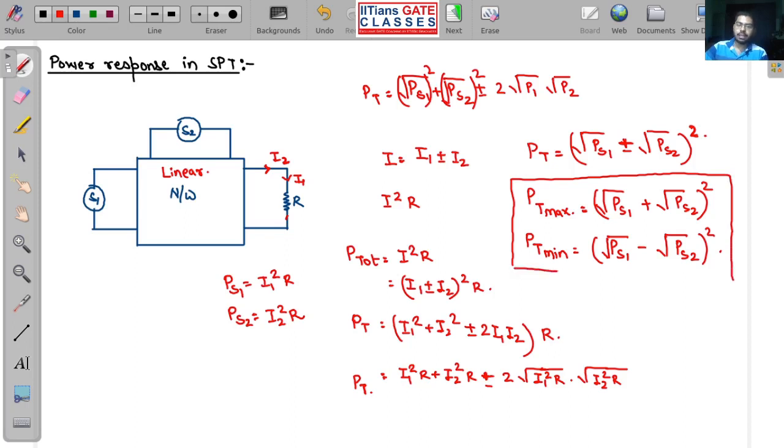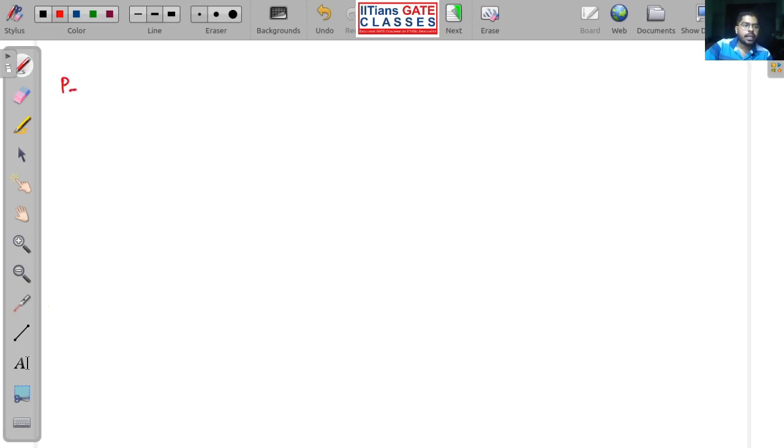And similarly, here I have derived for 2 sources. If it was 3 sources, PT max will be, okay, I am writing it on the next page. So PT max for 3 sources, at most they can ask you for 3 sources. So at that point it will be under root P1 plus under root P2 plus under root P3, whole square.